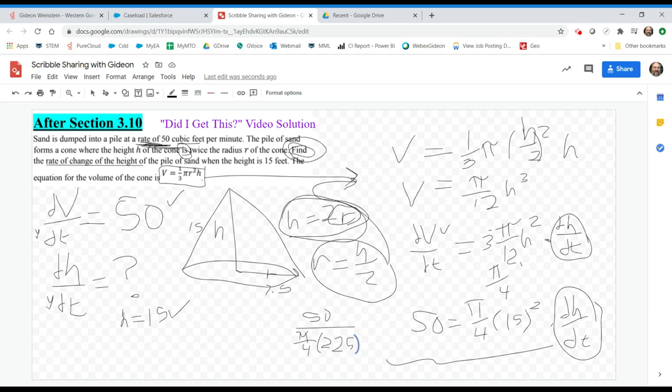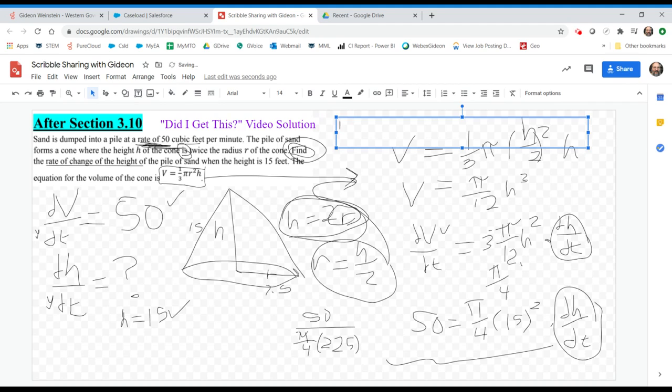So almost all related rates problems are quickly identifiable. What you need to remember is when you take the time derivative of something with other variables, everybody gets the chain rule. That's the big takeaway that I'd like you to take away with you.